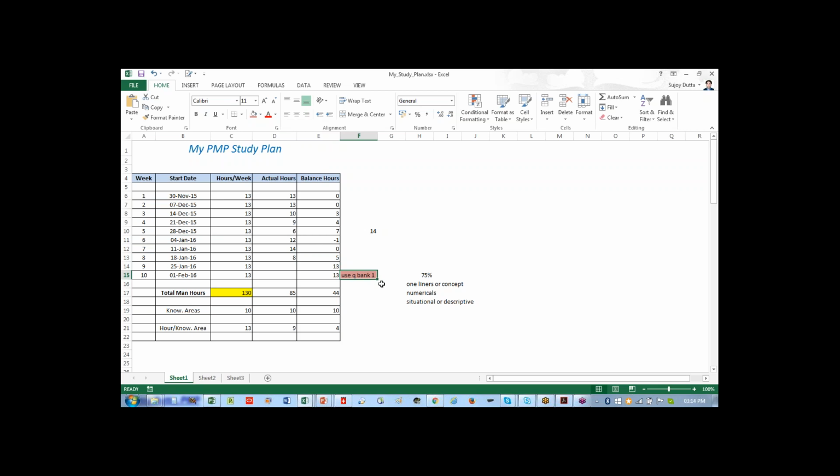You identify the gaps by identifying the knowledge areas in which you couldn't answer the question correctly, and you get an idea about which questions belong to which knowledge area when you evaluate. After doing that, you do a gap study. The gap study isn't going to take more than a couple of days. You do a gap study for 3-4 days, and after that you take your test again.